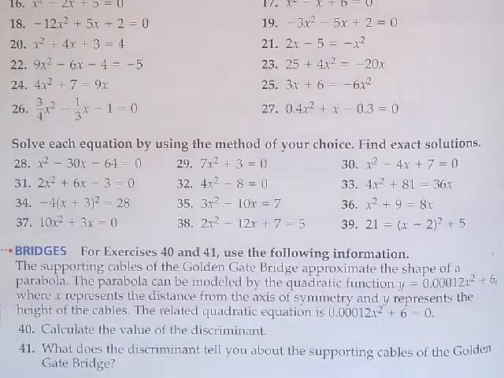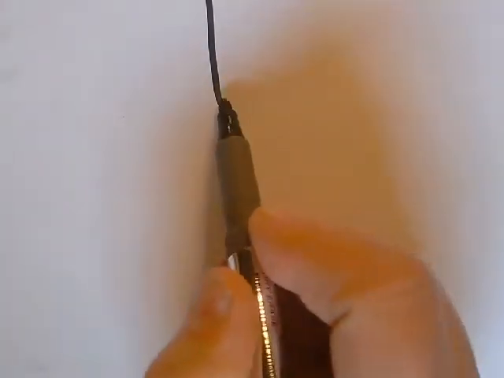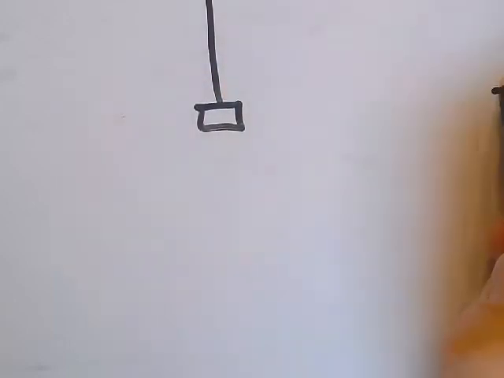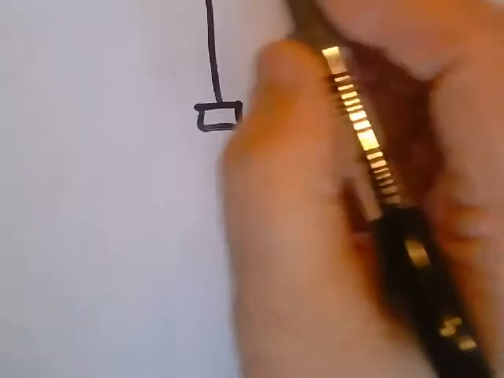Well, before we do that, let's see if we can draw a picture of what's going on here. You'll have to look at your book over to the side. I'm going to go ahead and sketch it here. You can see in your book there's also a picture of the Golden Gate Bridge, but suspension bridges have towers that come down into the water. They're down in the foundation, footings are under the water there.